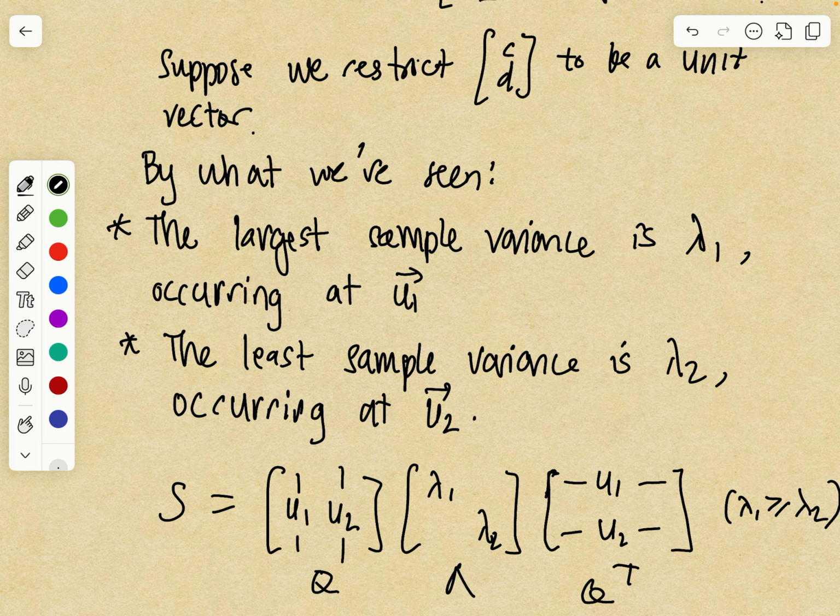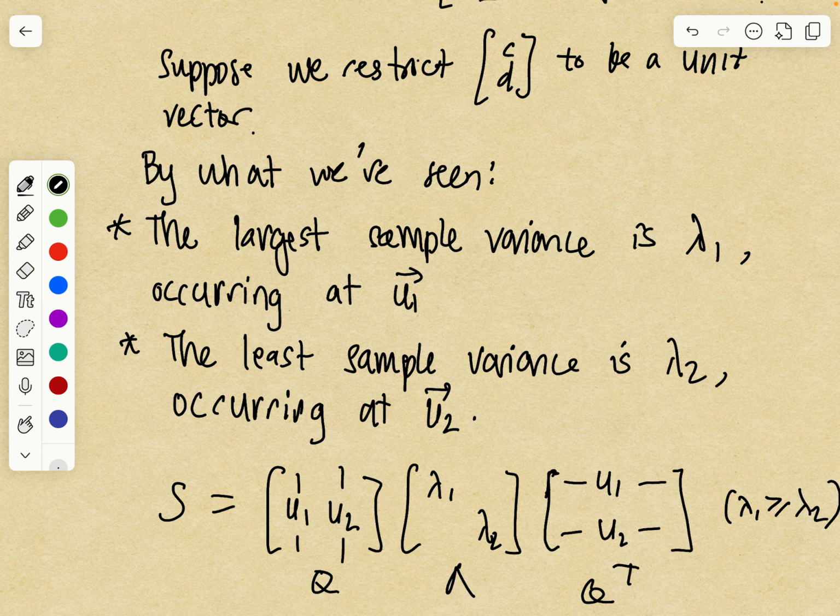This is the largest possible sample variance, and the least possible sample variance is lambda 2, occurring at the unit eigenvectors. This is the largest and smallest of all the possible sample variances, where you take linear combinations of the rows of B, with coefficients C and D of unit length.